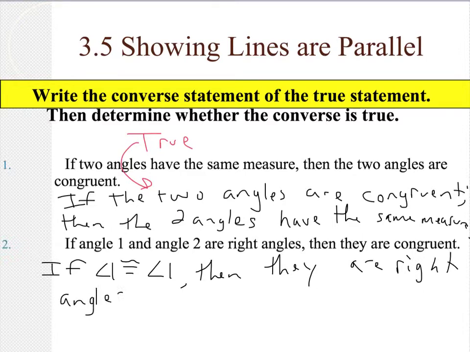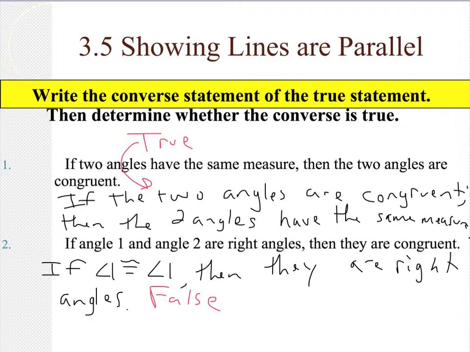Now ask yourself, if angle 1 and angle 2 are congruent all the time, then they have to be right angles, and that is going to be false. They do not have to be right angles all the time. Sometimes they are congruent 37-degree angles, which are not right angles, or 134-degree angles. Maybe they are congruent at that point. So they do not have to always be 90 degrees.